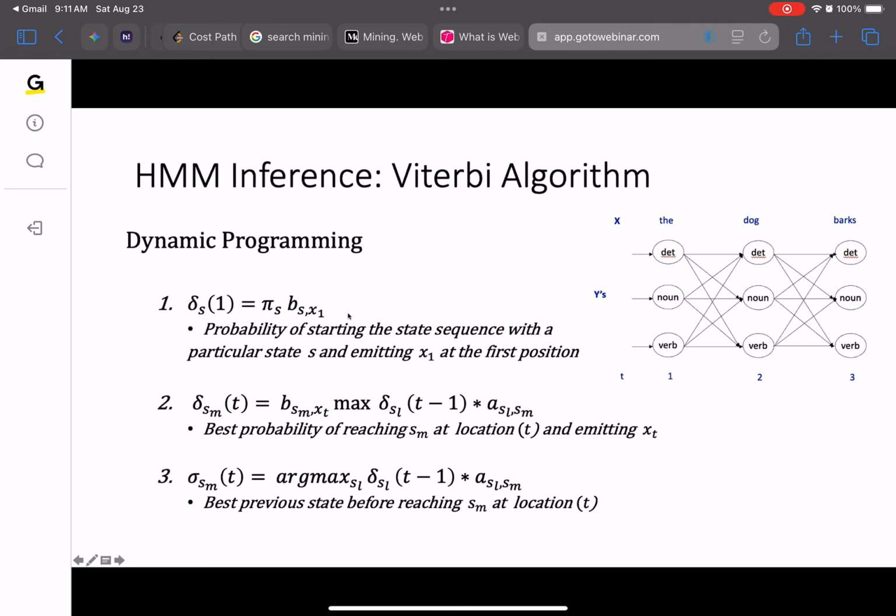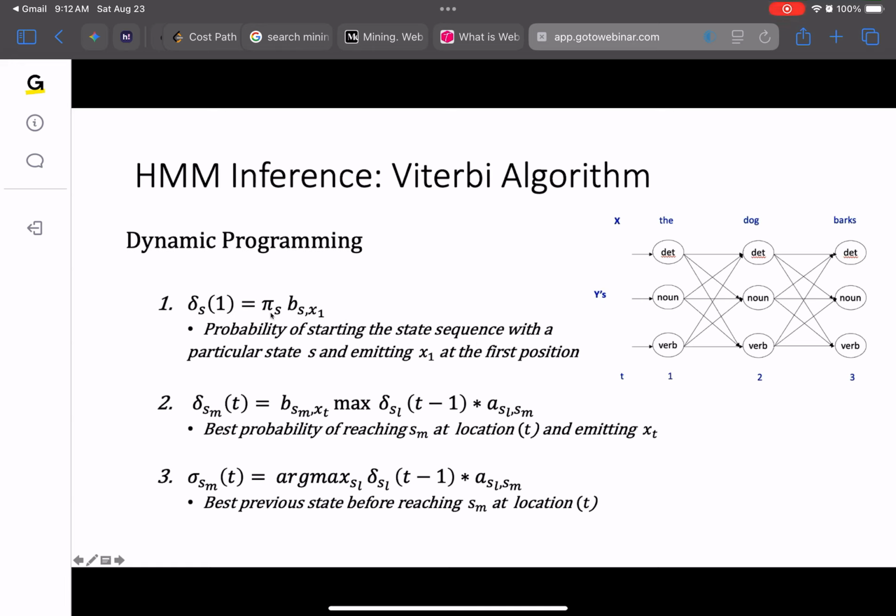So in order to perform the inference, first let's define deltas here. The initial delta, delta S of 1, is the probability of starting in the state S and emitting the symbol x1 in the first position.